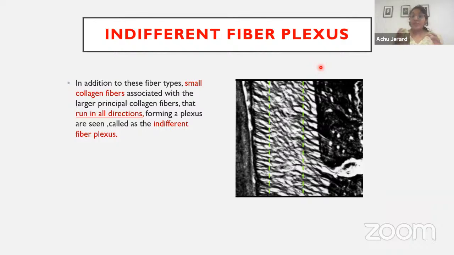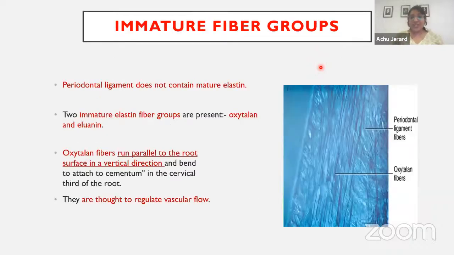And then you have immature fiber groups, which are elastin and reticular fibers. For elastin, you need to know oxytalan and eluanin, the 2 immature elastic fibers. They run parallel to the root surface and support the vascular supply.